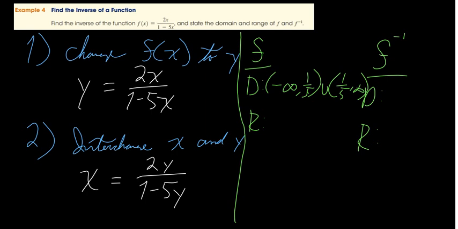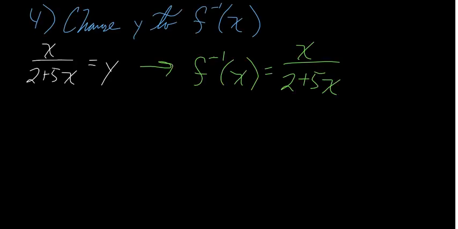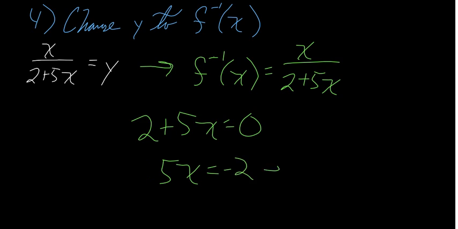Next we're going to look at the domain of f inverse. What's the domain of f inverse? Well, this is f inverse, so I set the denominator equal to 0. 5x is equal to negative 2, and x is equal to negative 2/5.